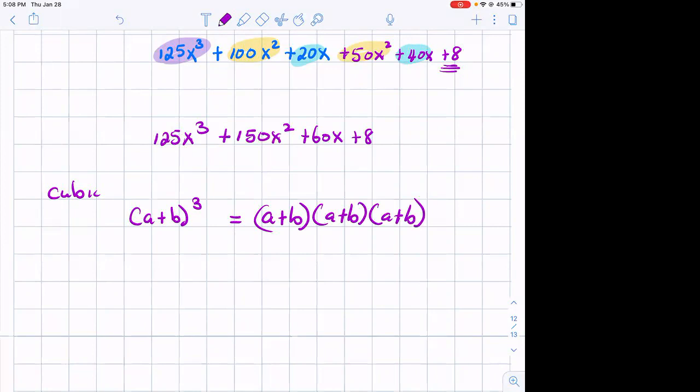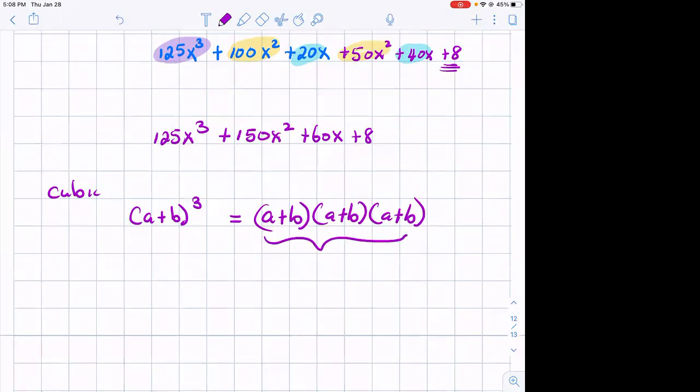And if you expand this, you will get a cubed plus 3ab squared plus 3a squared b plus b cubed.